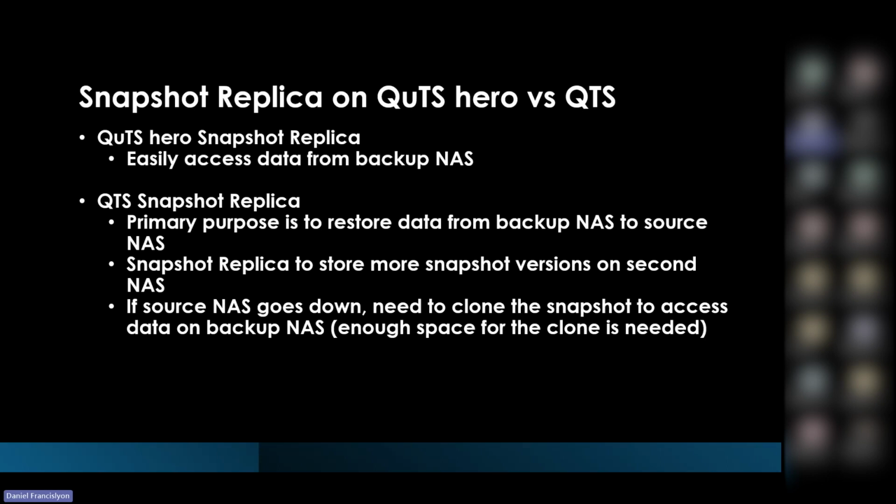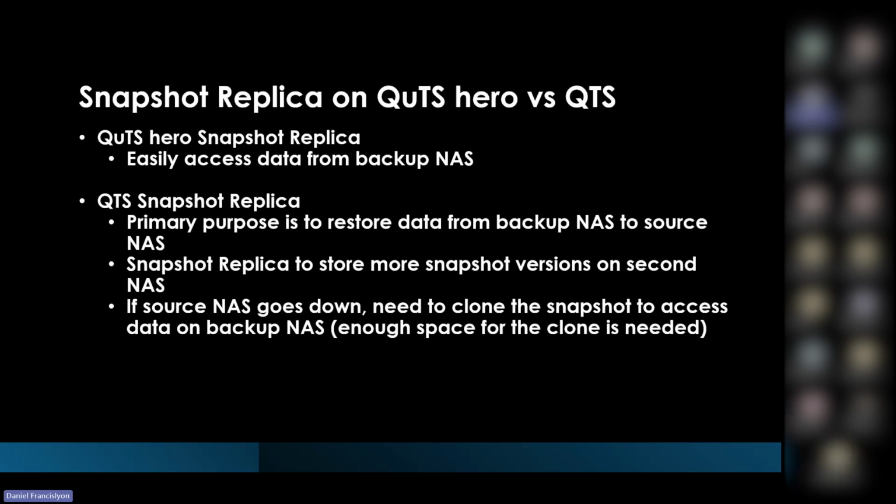So what if you want more than 256 snapshots? You can keep more snapshots on NAS B and use those NAS B snapshots to restore to NAS A. So it's great for having more snapshots, but it's not as good for disaster recovery.